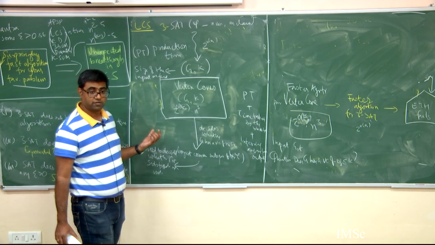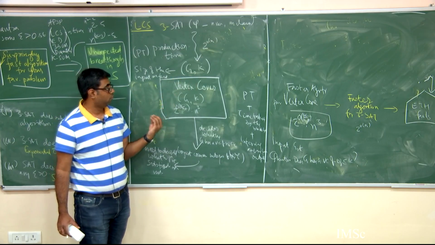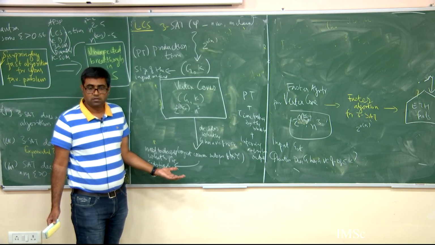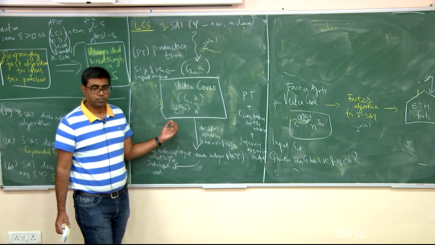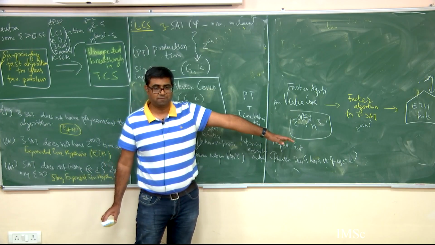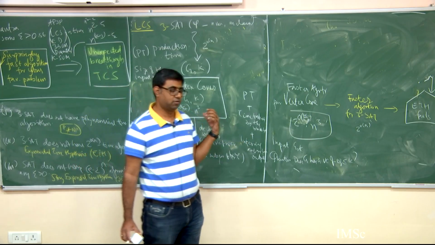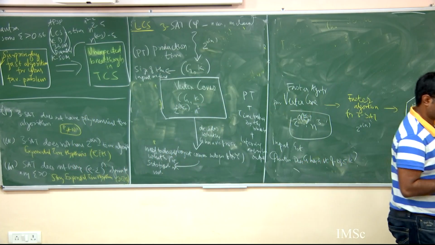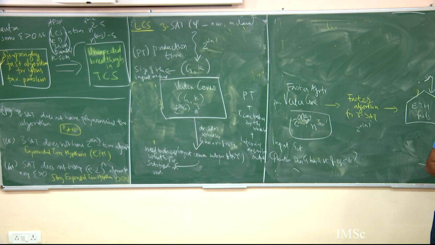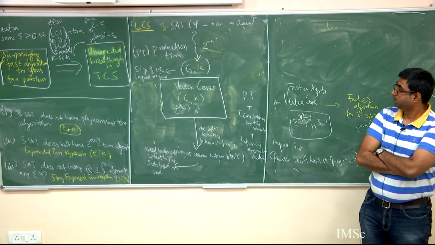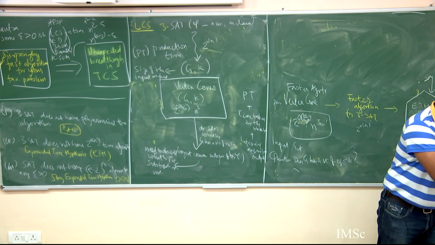Now we have two things: the number of vertices and this. What are these objects? Because here the running time of the algorithm is in a very different form. So what should be k and what should be n?